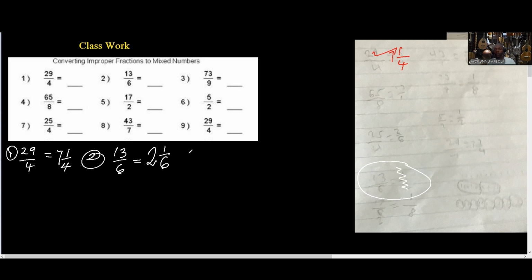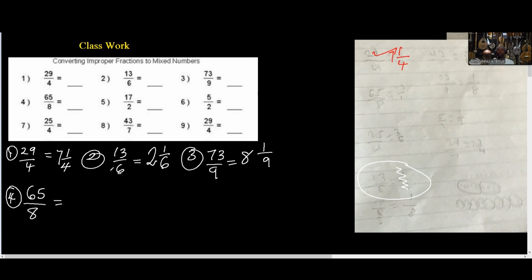Yes. Then number 3, I have 73 over 9. How many 9s are in 73? That should be 8. So that's 72. Remainder 1 over 9. Okay. Number 4, 65 over 8. How many 8s are in 65?